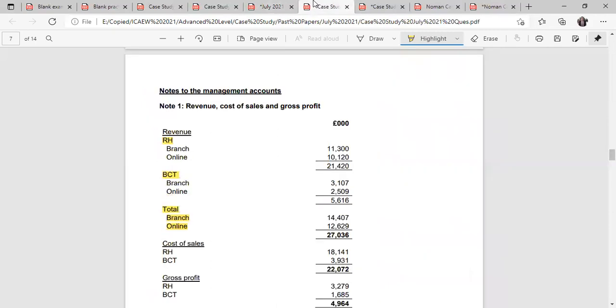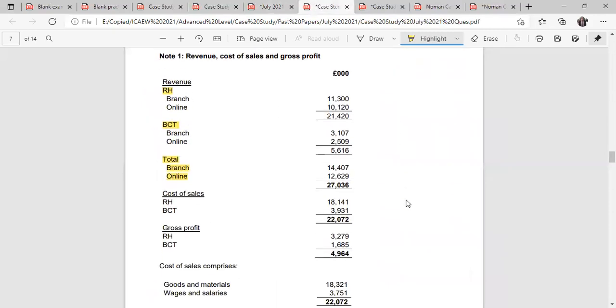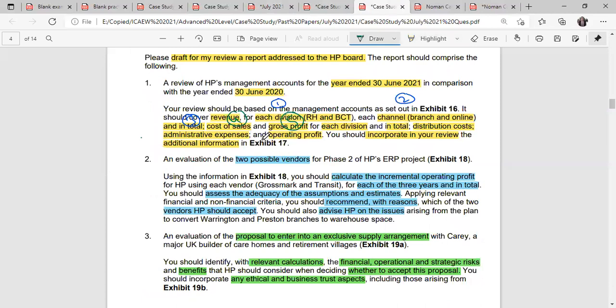You need to be good with your logic. Again, you can see we have cost of sale breakup for RH and BCT, and the gross profit structure for RH and BCT. And this was my requirement number 1. We have it for division and not for channel, because the classification among branch and online is not given in my advanced information.